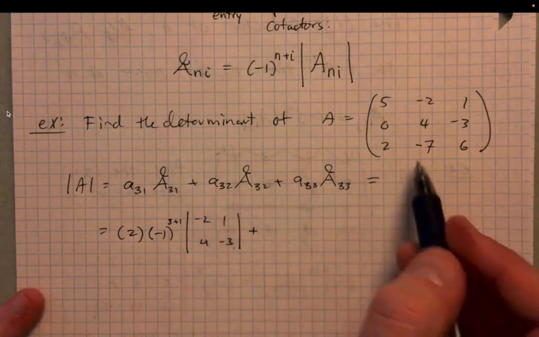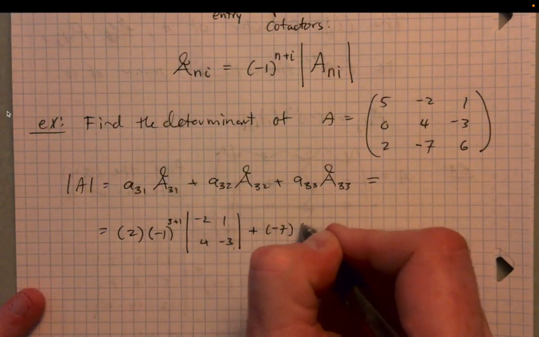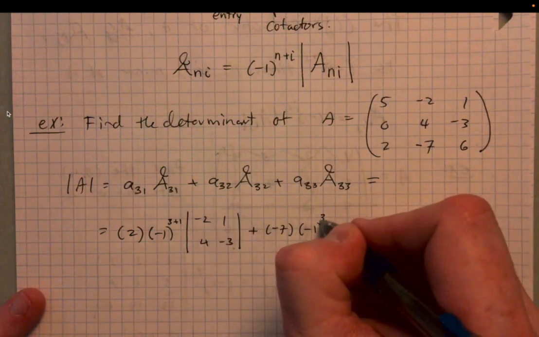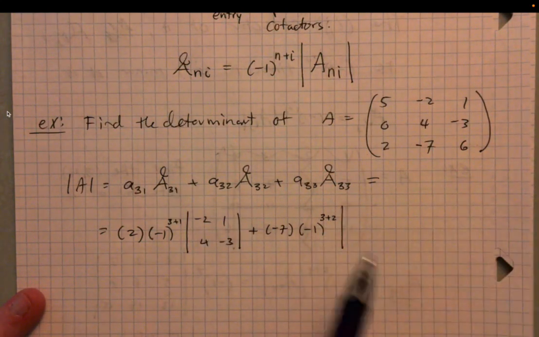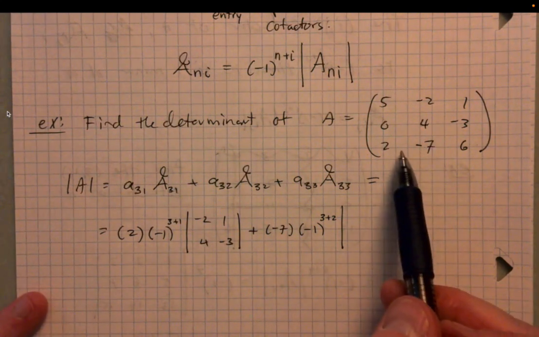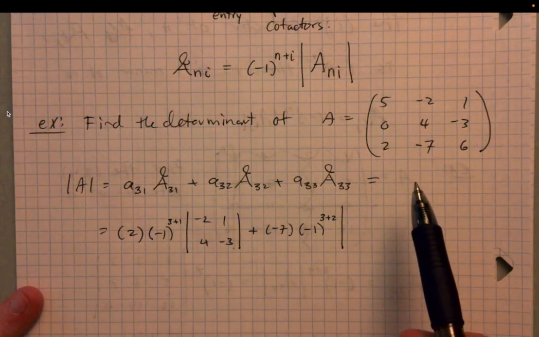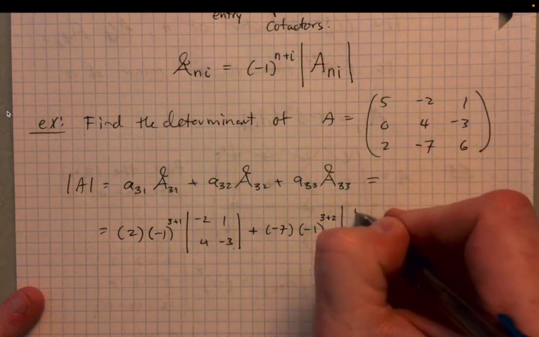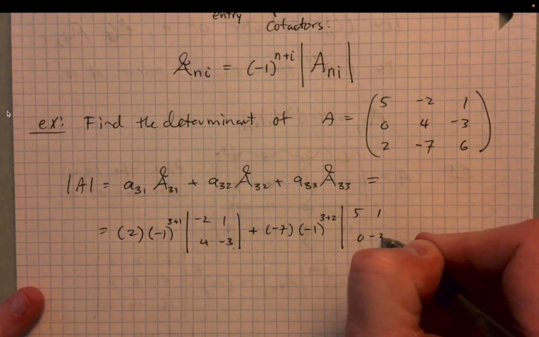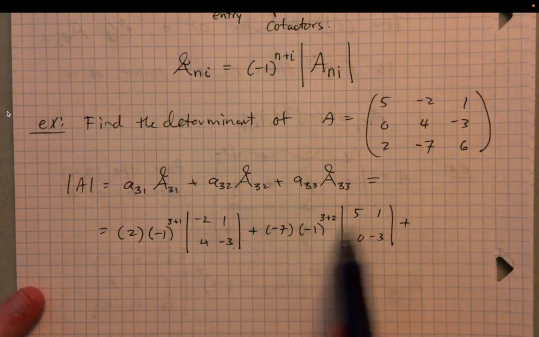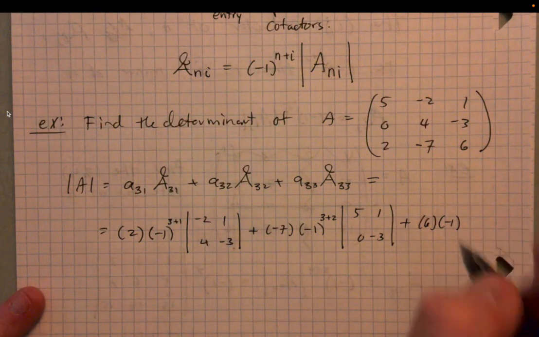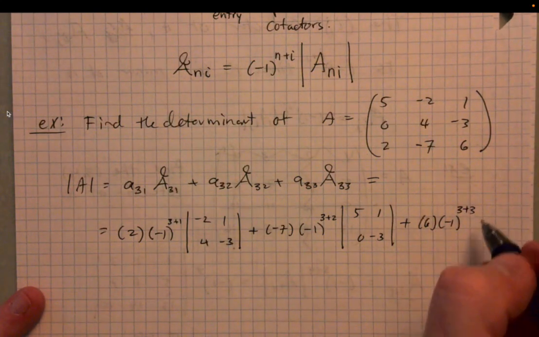Okay, that's this one. Plus, and then a_32 is -7, and then times -1 to the 3 plus 2 power. And then that submatrix is going to be 5, 1, 0, -3. Okay, and then plus the a_33 entry, which is 6, times -1 to the 3 plus 3 power.